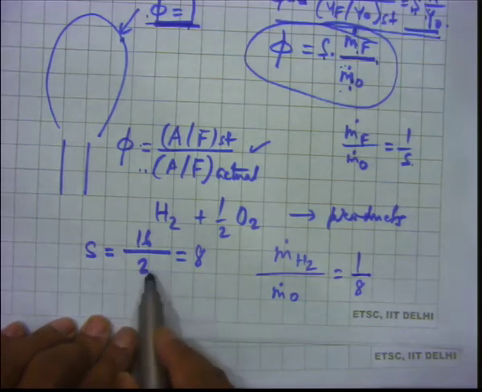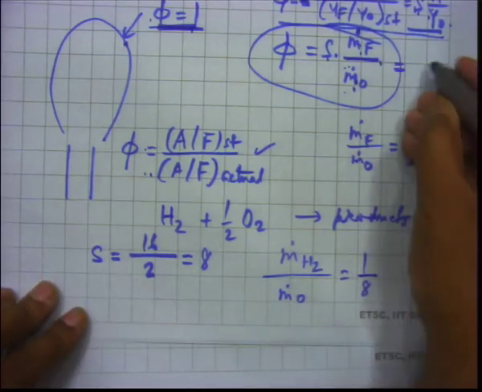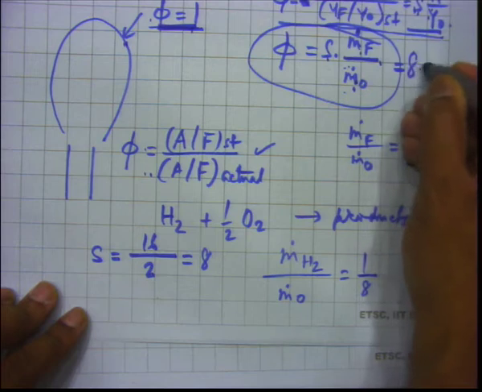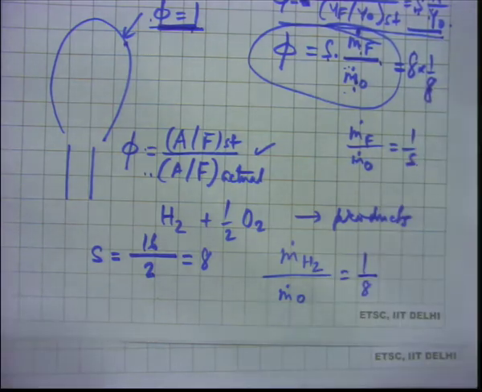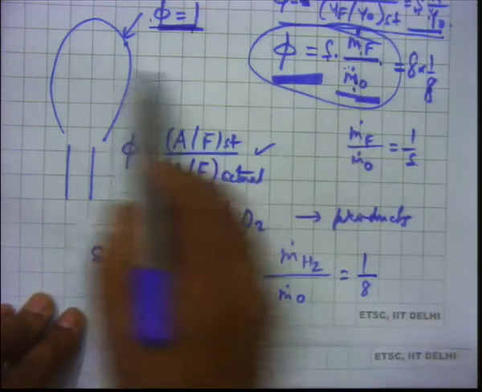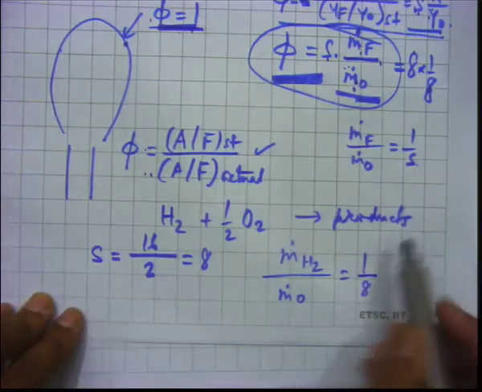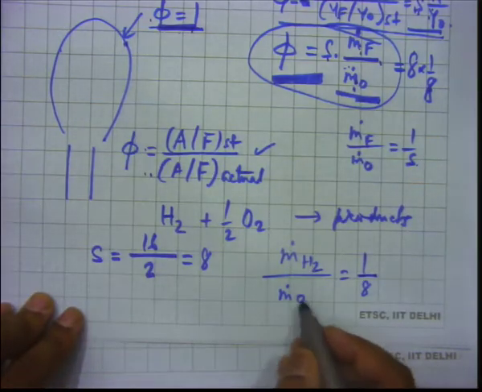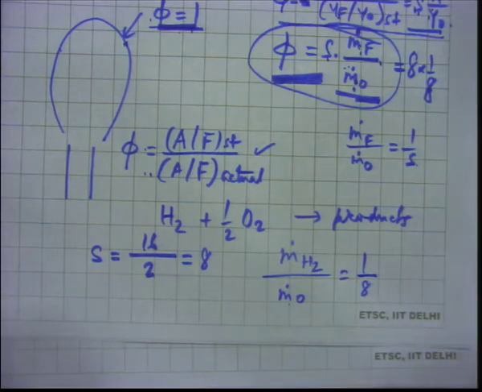Now, you see what is happening. This quantity now becomes 8 into 1 over 8 for this specific example, so it gives you 1. So, according to this definition of phi, which Turns used, phi equal to 1 is a surface where m dot hydrogen and m dot oxygen are in the stoichiometric ratio 1 over 8.